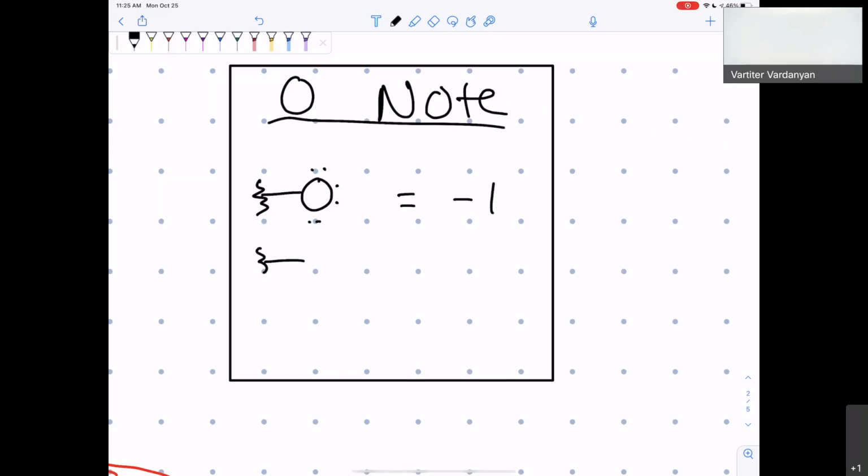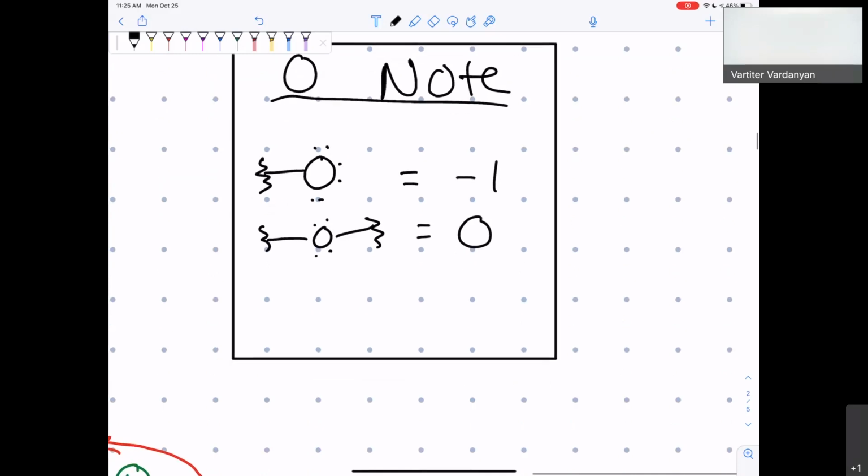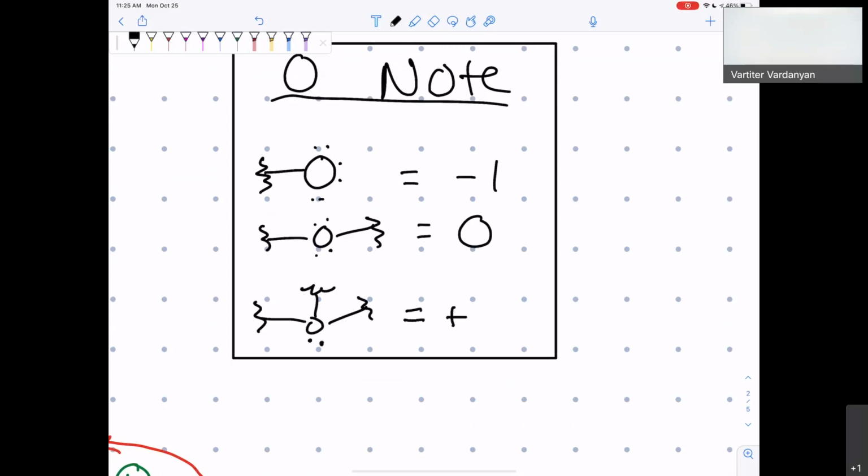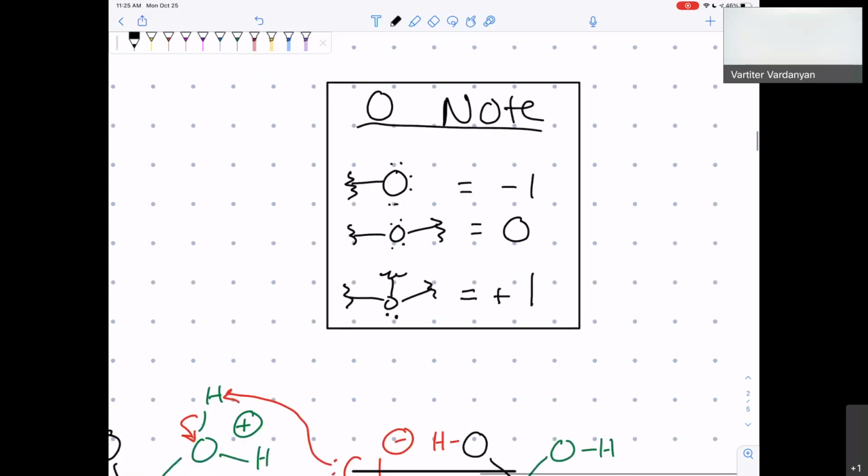When oxygen has 2 bonds, it has 2 lone pairs, charge is 0. And I'm going to scroll this to 10. When it has 3 bonds, and these squiggles just mean it can be to anything, it has only 1 lone pair, and it has a +1 charge.